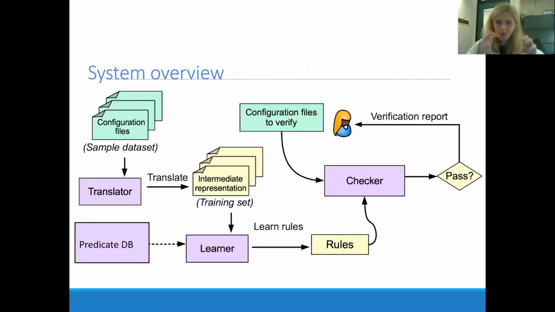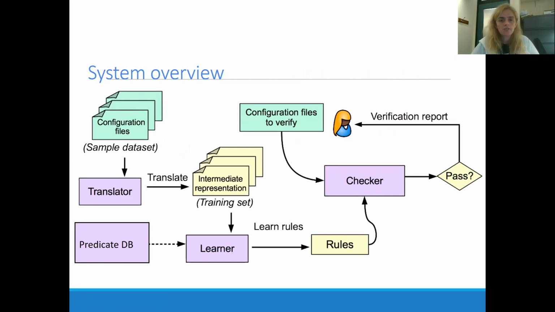Now to look more into this big picture, you can see how our system works. We start here from a large number of configuration files, and we translate them into some intermediate representation. We do this so that we are almost language agnostic.